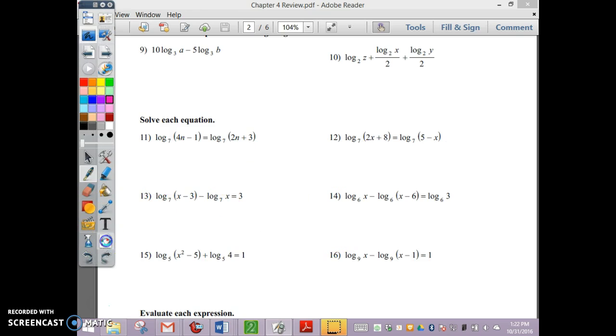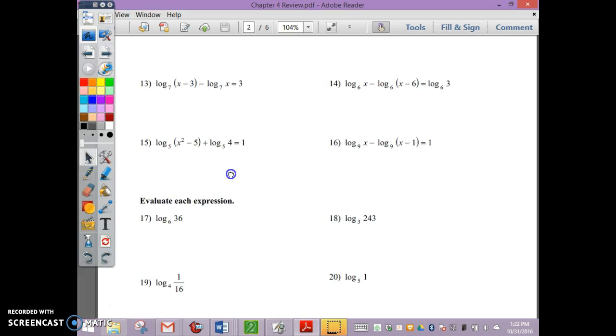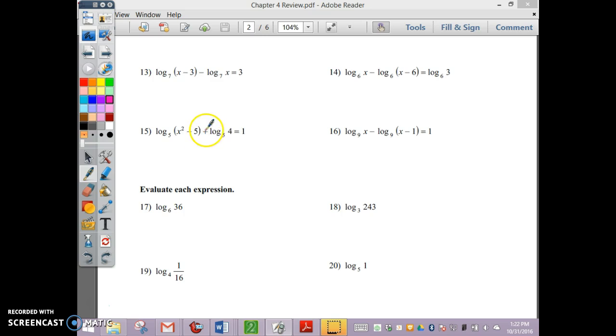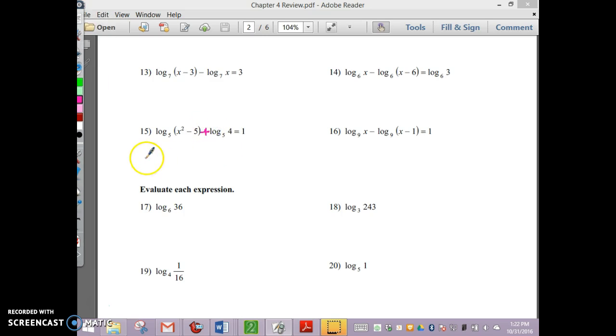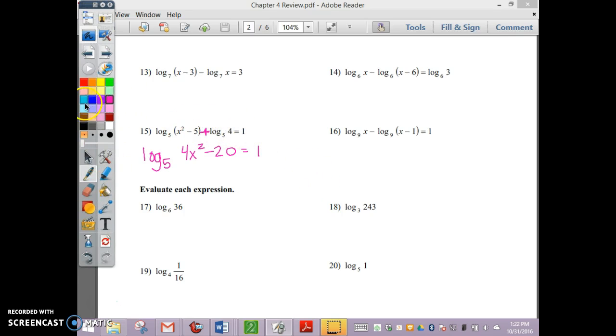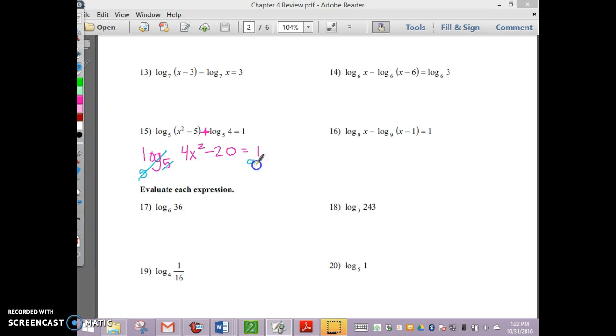Let's look at 15. So this is an addition. So we're going to condense that using multiplication. So log base 5 of 4 times (x squared minus 20) equals 1. So I'm distributing that 4. Again, to get rid of a log with a base of 5, we exponentiate on a base of 5.